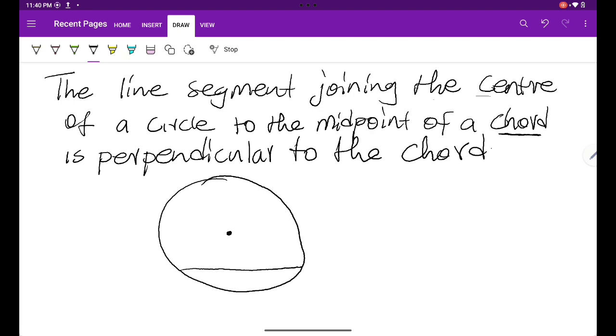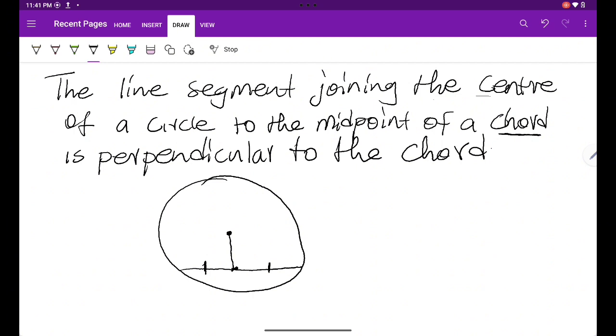The line is joining the center to the midpoint of the chord. So we need to check. Let's assume that this equals this, so this is the midpoint. So a line segment joining the center to the midpoint of a chord. So this is the situation that we have.